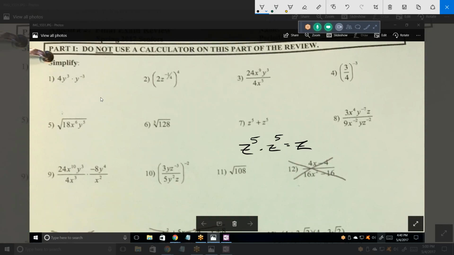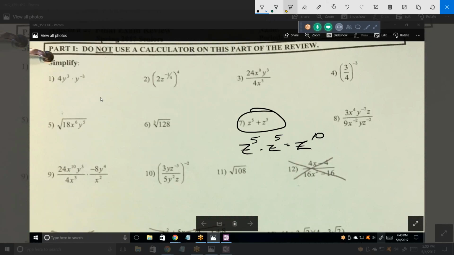I am multiplying the z. 2z to the 10th? Just z to the 10th. When I am multiplying the base, I am adding the exponents. So that tells me that z to the 10th can't be right for that, because this was z to the 5th times z to the 5th.